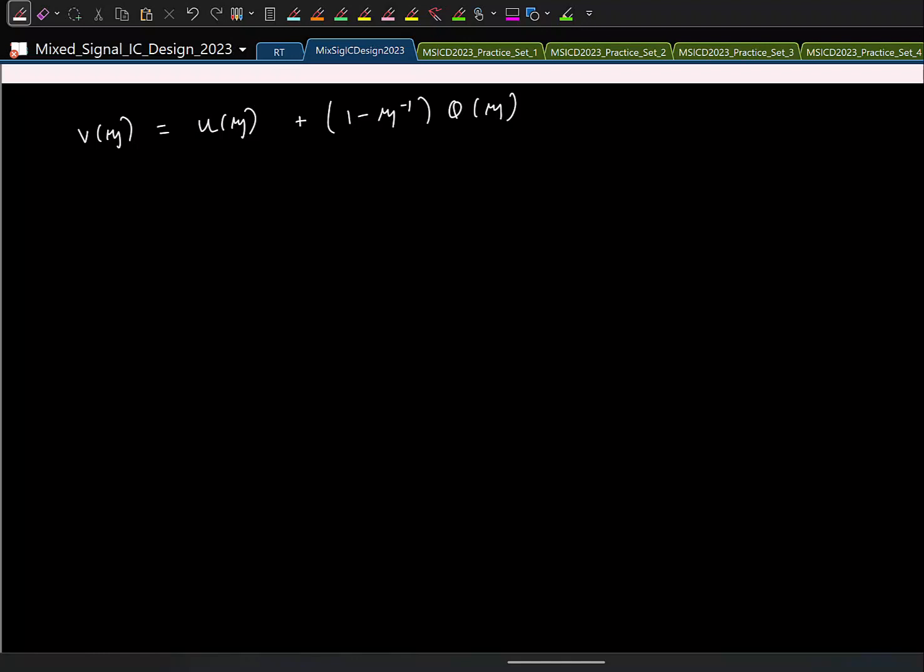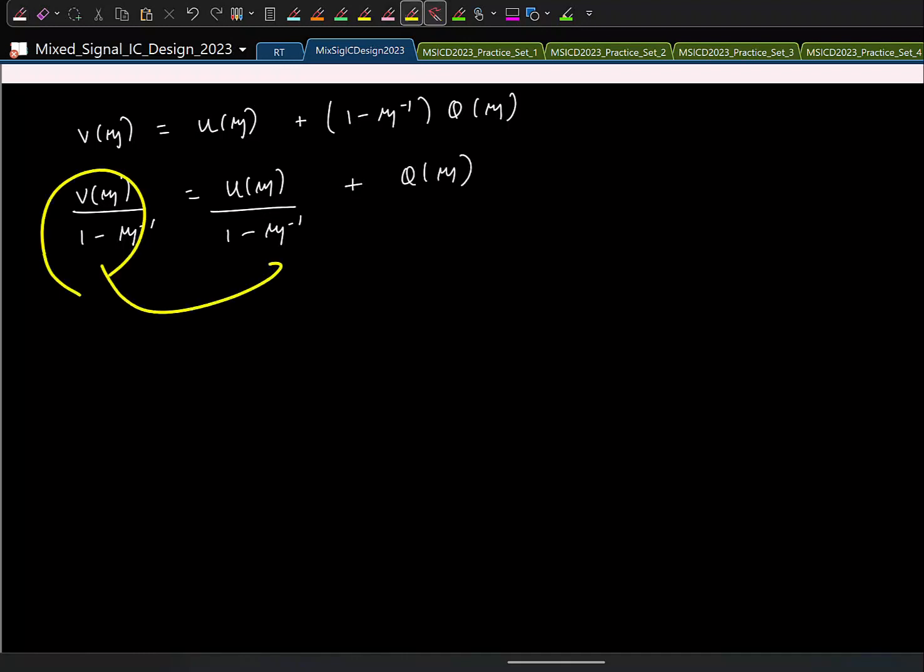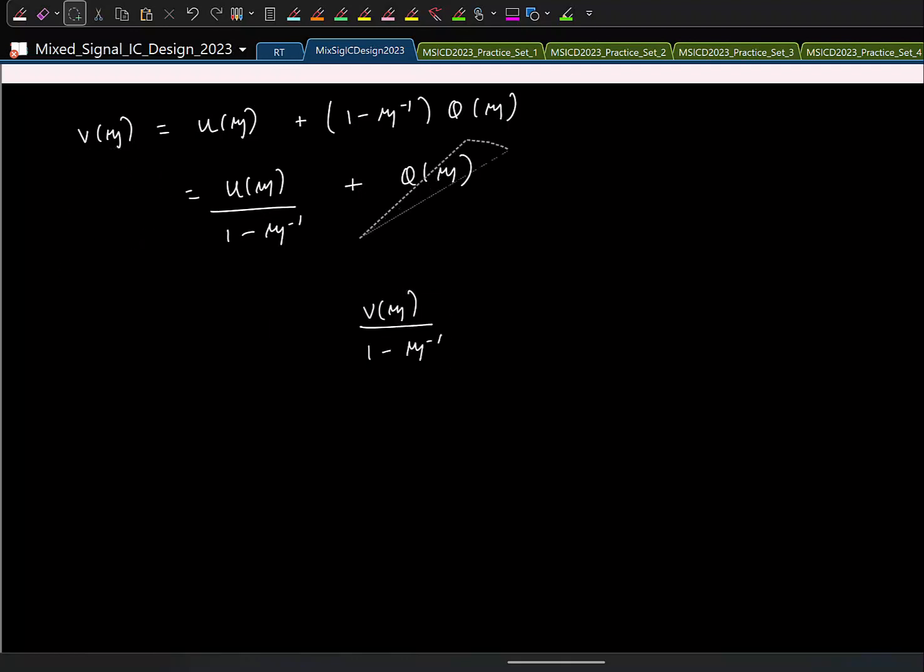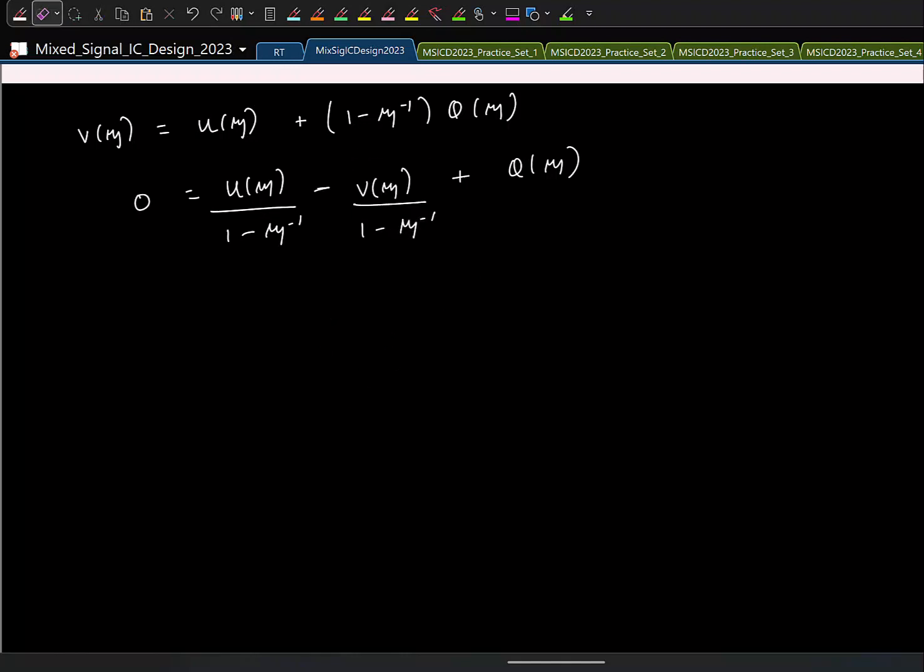To come to that architecture, let me rewrite this equation slightly. I'll divide on both sides by 1 minus Z inverse, and then I'll bring this guy to the right. This is 0. Of course I want the left side to be the output, so I add V of Z on either side. So if I simplify this, what do I get?